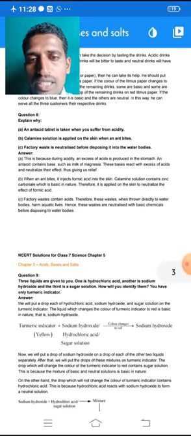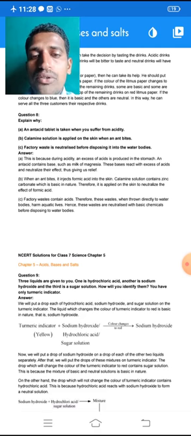So let's go for the next question, that is question number 8. Explain why an antacid tablet is taken when you suffer from acidity. The question is very simple here. Already we know that the stomach releases a large amount of hydrochloric acid. During acidity, excess amount of acid is produced in our stomach.